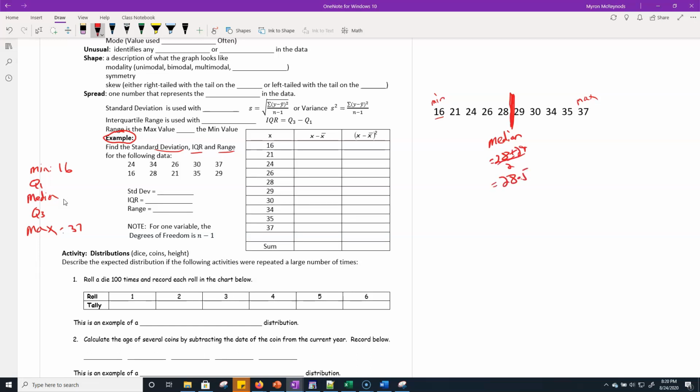What's the number between 28 and 29? 28.5. So the median is 28.5. It's like the middle number of the group. So the minimum was 16. That's the beginning point, right? And the maximum was 37. That's the end point. And we found the middle, which is like the halfway point.